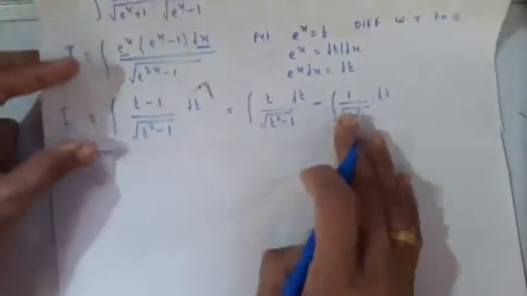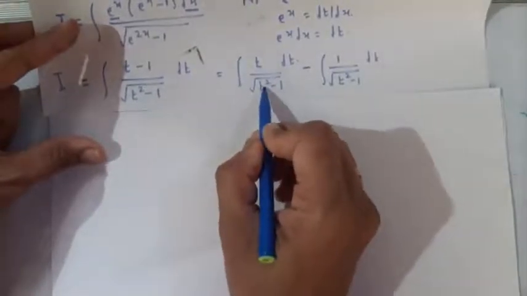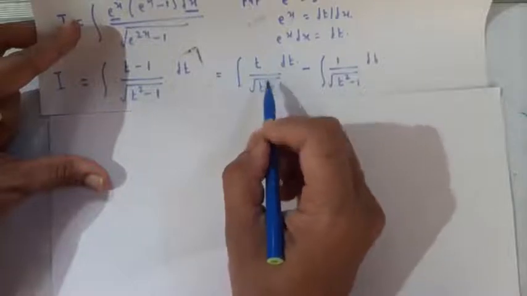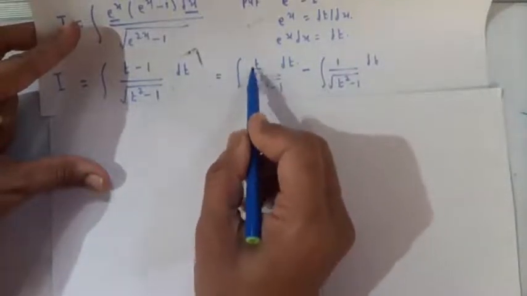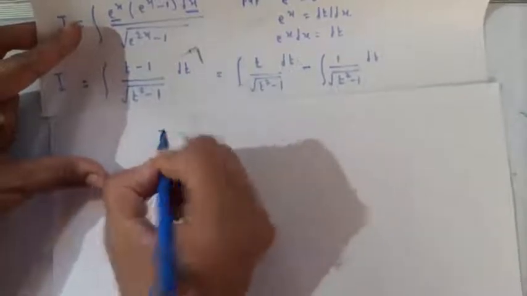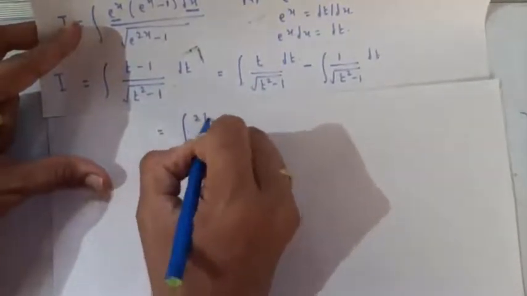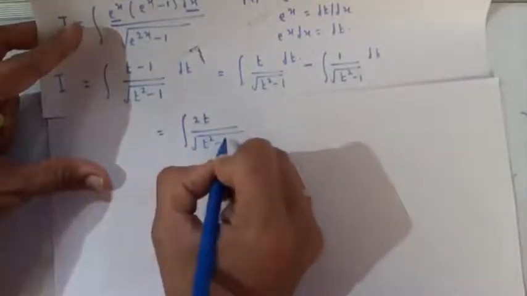To solve this integration, we adjust the first term by multiplying and dividing by 2, giving 1 by 2 times 2t upon square root of t square minus 1, minus the integration of 1 upon square root of t square minus 1.